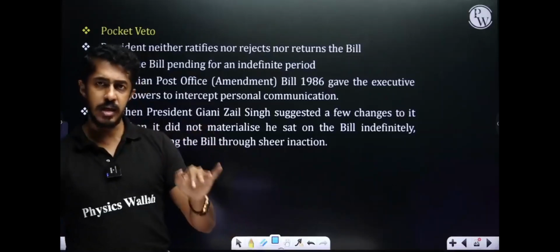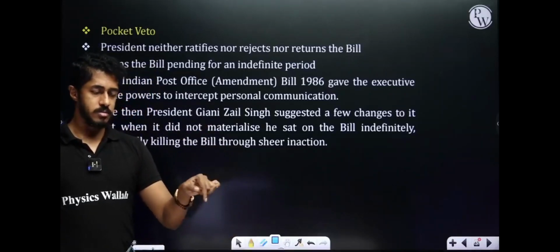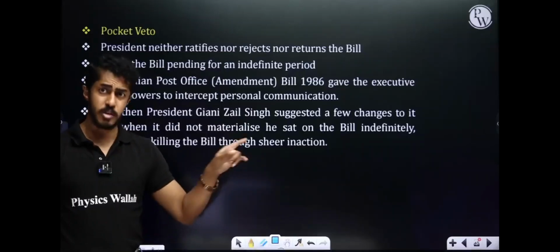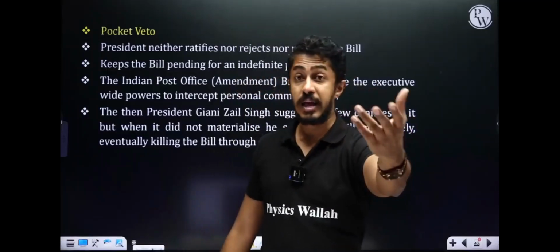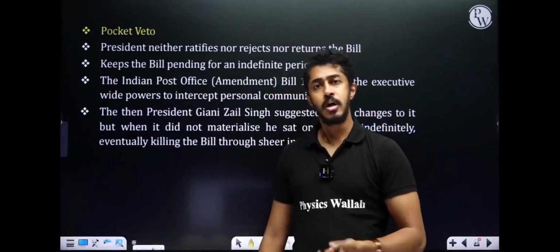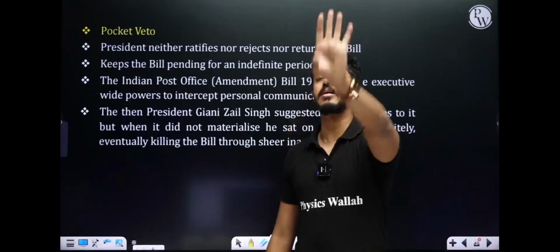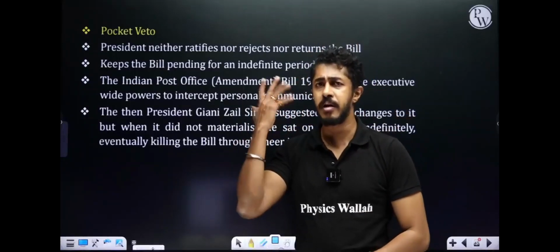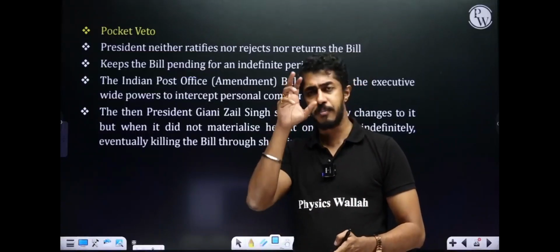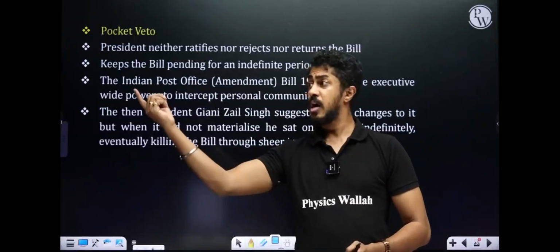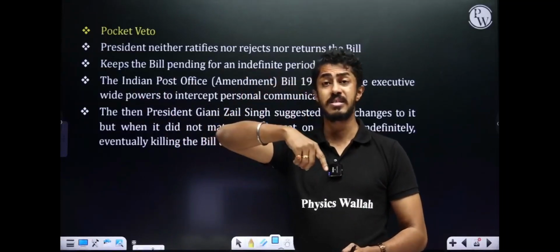So in the initial stage itself, he told, see, this bill has certain problems, because that he can do, right? To communicate, the President can communicate, he can call for any information. So at the beginning stage only, he made certain suggestions. Rajiv Gandhi government did not bother, because it is not necessary by law for the Prime Minister and Council of Ministers to listen to the suggestions given by the President.